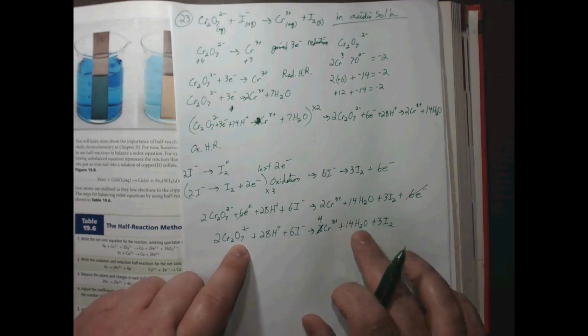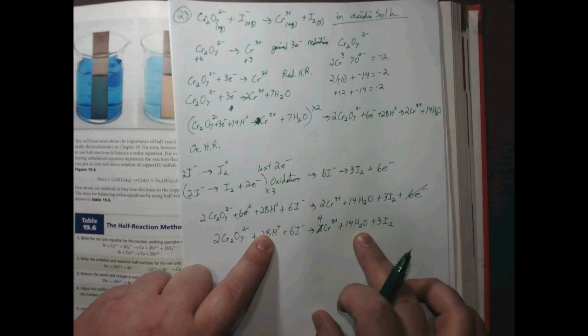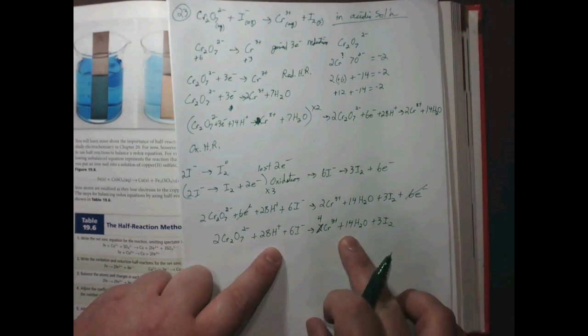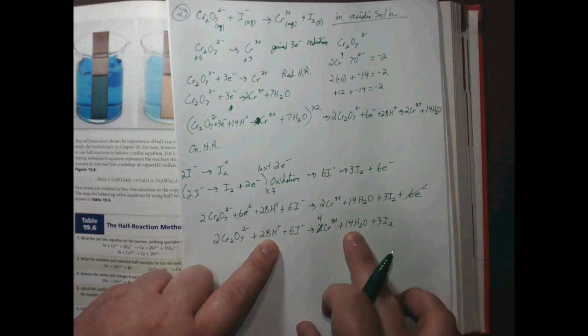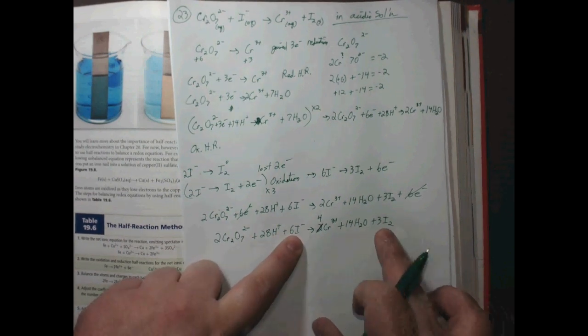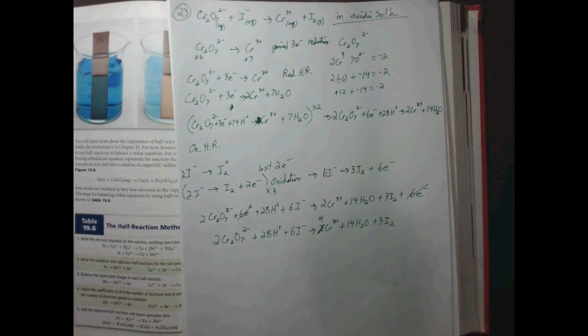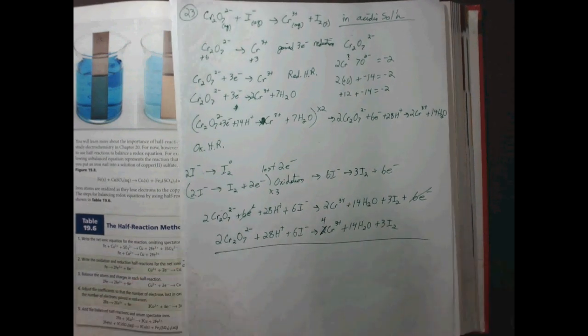No, this needs to be a 4. 14 oxygens, 14 oxygens. 28 hydrogens, 14 hydrogens. 14 times 2, so that's 28. We're good there. 6 iodines, 6 iodines.